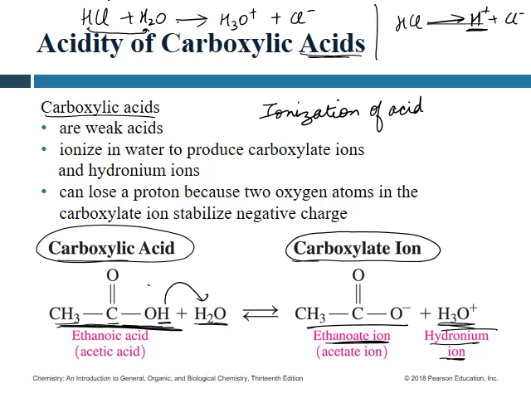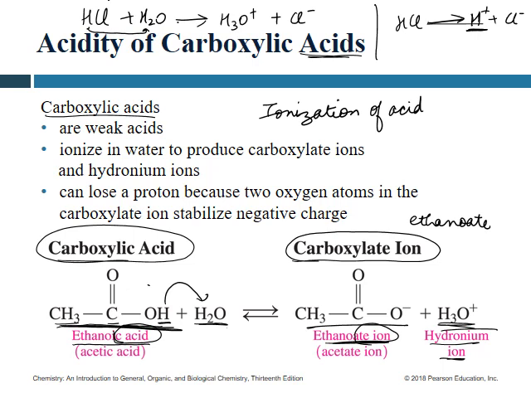And how do you name this? Basically, if this is ethanoic acid, the ion is called ethanoate. So you replace the ic acid from the end with ate ion. So ethanoic would become ethanoate ion. Okay, that's how you name this ion.